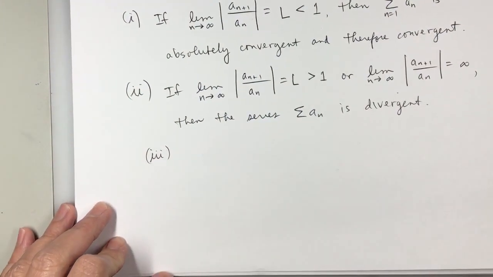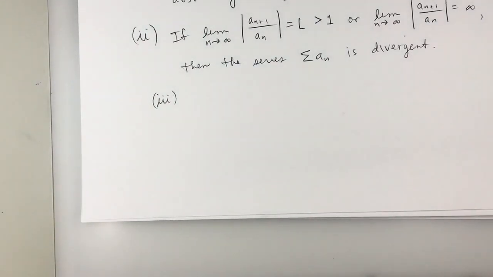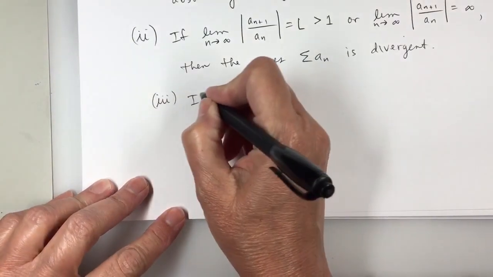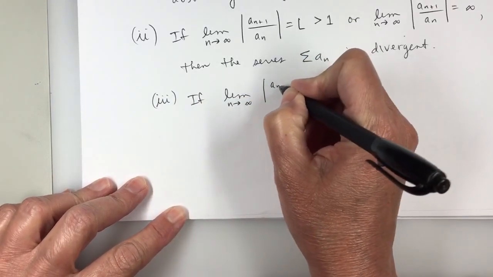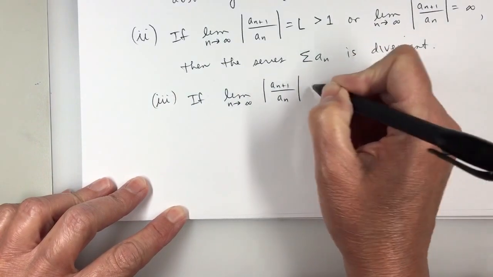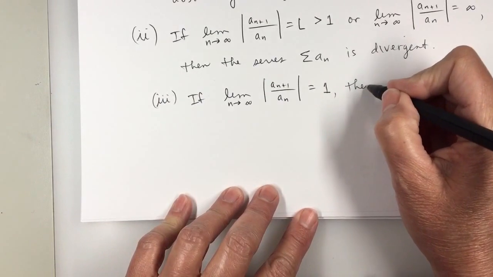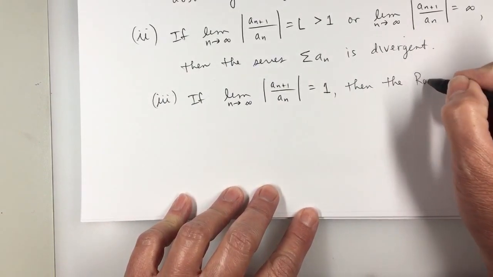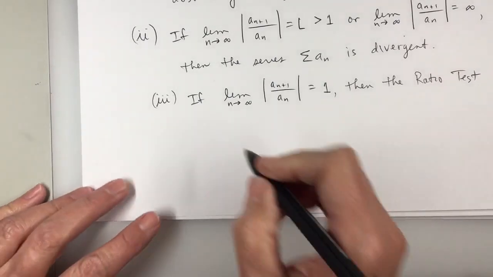Part 3 is this: if the limit as n approaches infinity of that ratio equals 1, the ratio test is inconclusive. We have to try something else. So if the limit as n approaches infinity of a sub n plus 1 over a sub n equals 1, then the ratio test, the book says, is inconclusive.